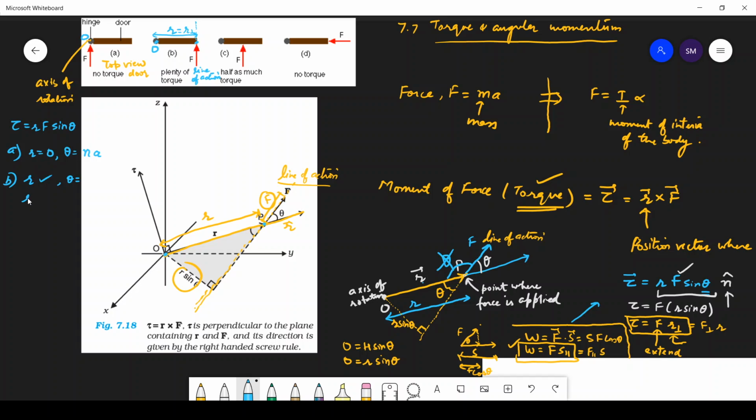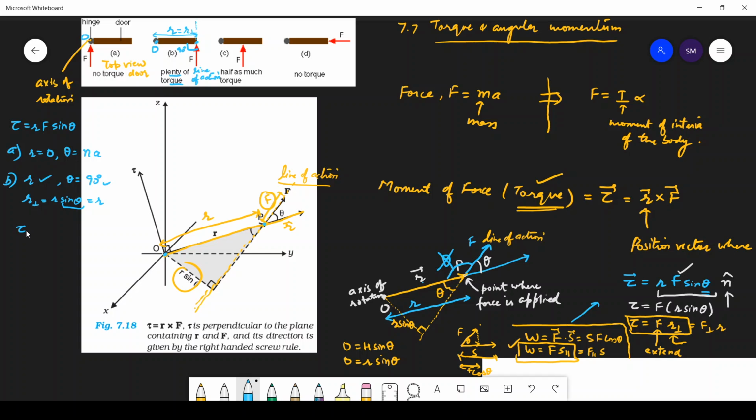So what is R perpendicular? R perpendicular is your R sine theta, and that is equal to R. So it means sine theta is 1. Sine theta is 1 when theta is 90 degrees. So in any case you can just check it out. Here this angle is 90 degrees.